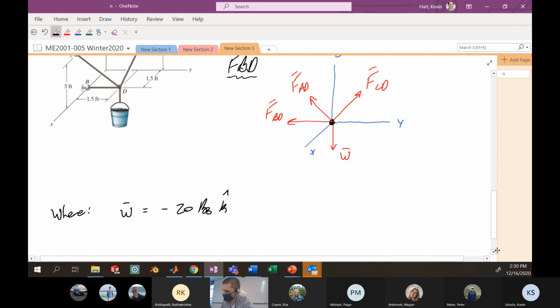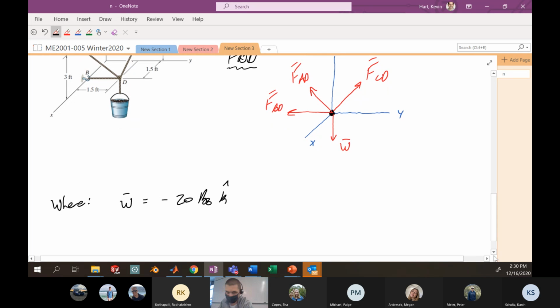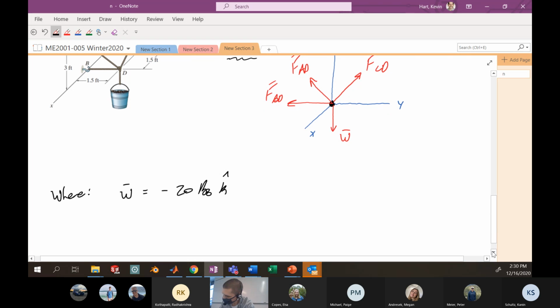Let's do the best that we can with the other vectors to represent their directionality. And then we'll use unit vectors that we need to define with geometry to help us on our way where we can't fill in all the gaps. So FAD: I can represent this force with magnitude and direction.